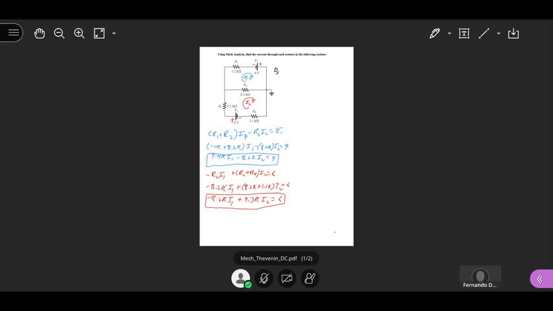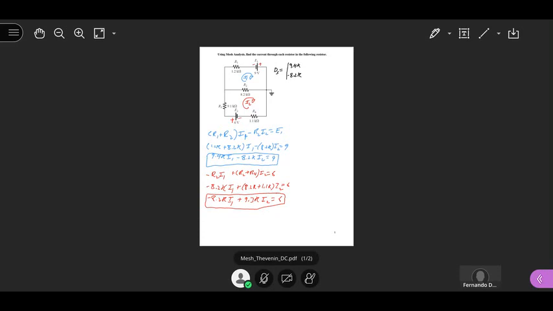The determinant of the system will be equal to the column of I1. It's going to be 9.4k, right? And minus 8.2k. Minus 8.2k, right?